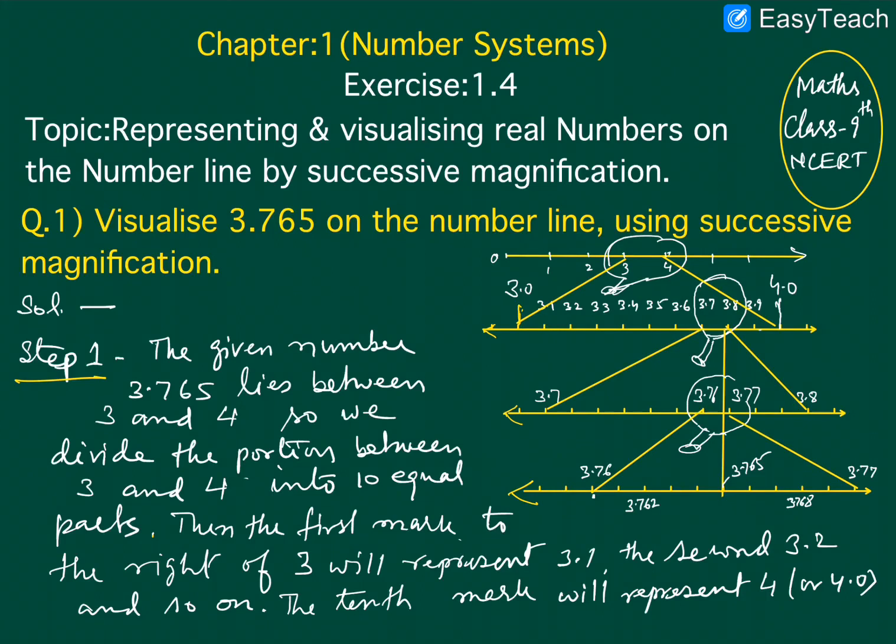The first mark to the right of 3 will represent 3.1. Then the second mark will represent 3.2. Then 3.3, 3.4, 3.5 and so on. And the 10th mark will represent 4.